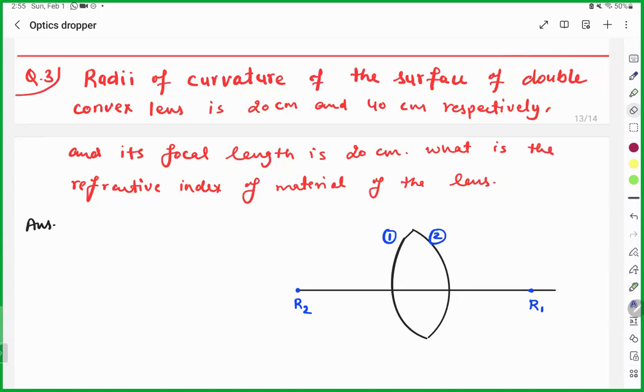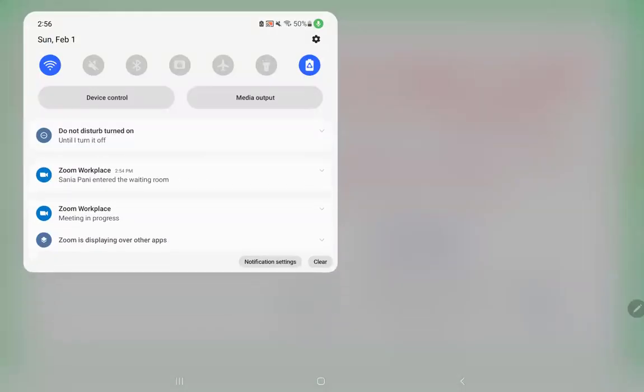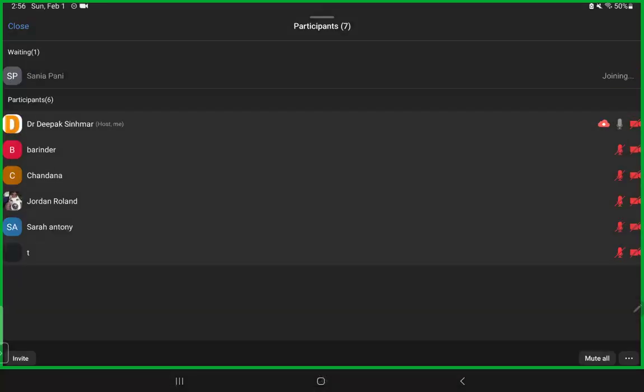Subir. 5/3. Okay. 5/3 is the correct answer. As I mentioned, she came back to Hina.